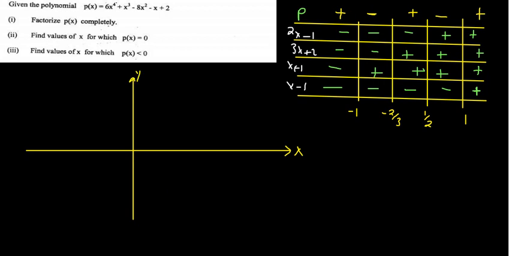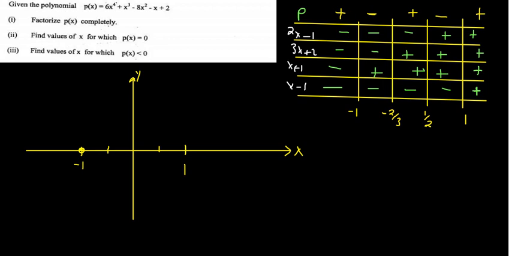We have got +1, we have got -1, we have got 1 over 2, which is somewhere here, and then we have got -2 over 3. Negative 2 over 3 is about 0.66, so it will just be somewhere there.